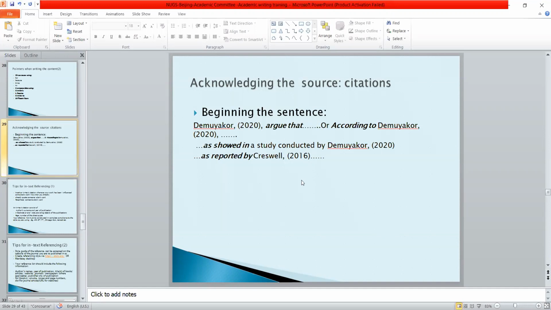So citations are very, very important in our work. That's why we call it academic writing. So for instance, if you are beginning a sentence and you want to cite, you can say, Miracle 2020 argued that, dash, and that. According to this person, 2020, dash, and that. Or, as shown in a study conducted by. You must make sure that the reading of your work becomes very interesting and balanced.